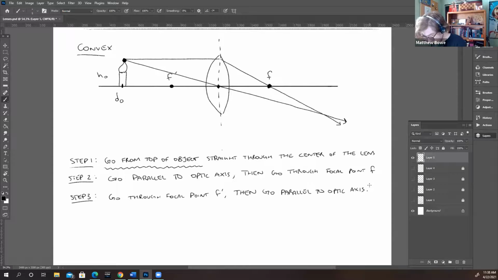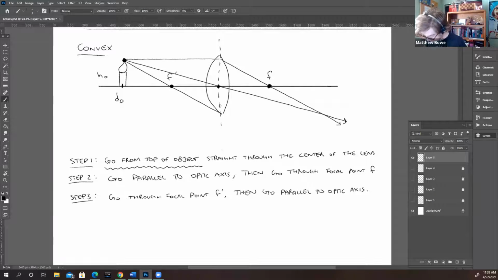Okay, so go through F prime, so that will be something like this. And if, say, I didn't draw the lens big enough, I could just redraw the lens a little bit bigger.